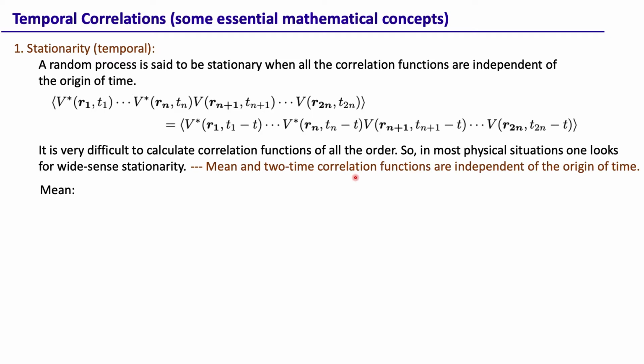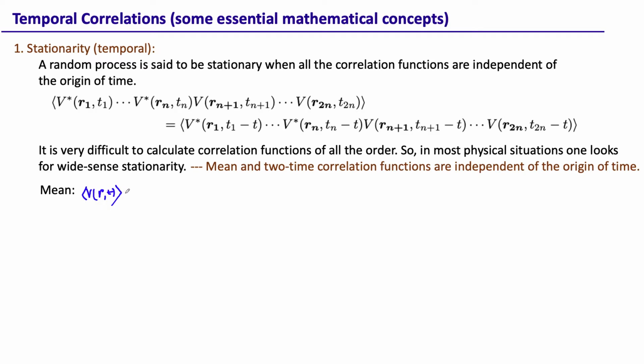Okay, so more precisely, how do we do the mean? There's a function V, let's say at r at time t, and we take this ensemble average, that's the mean.